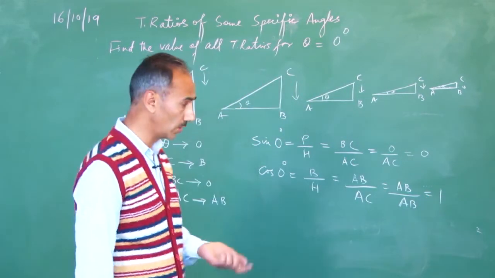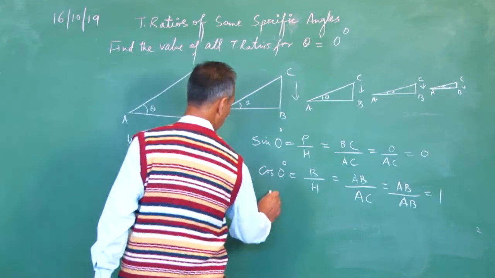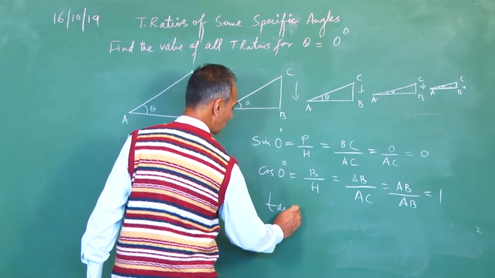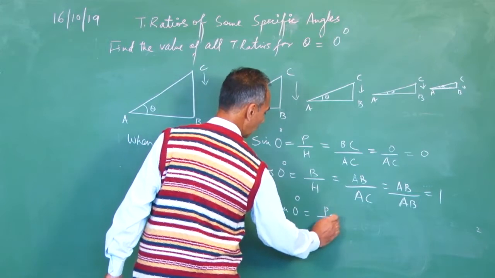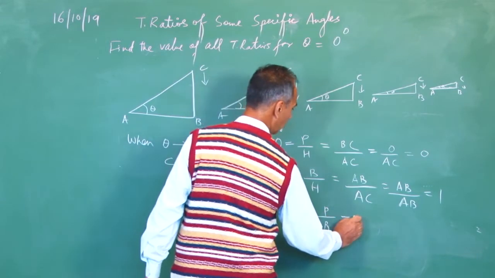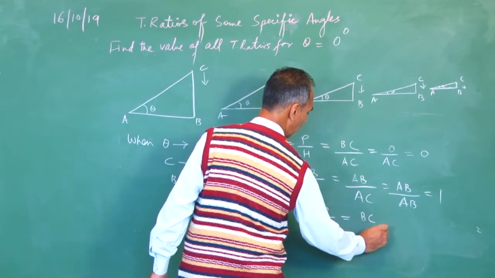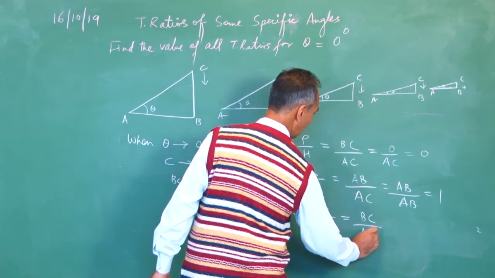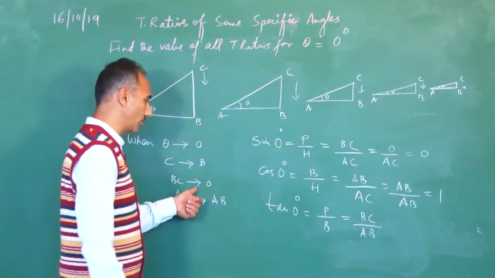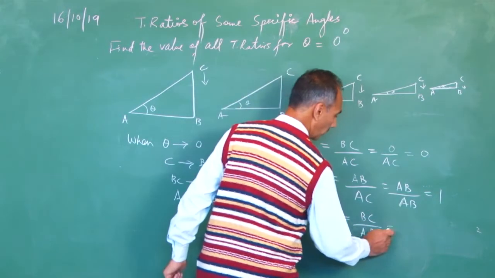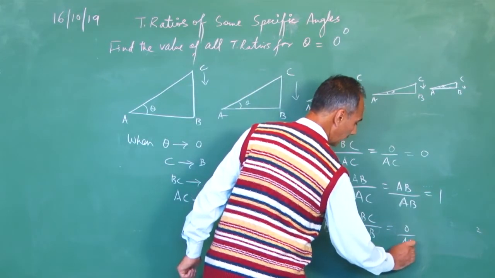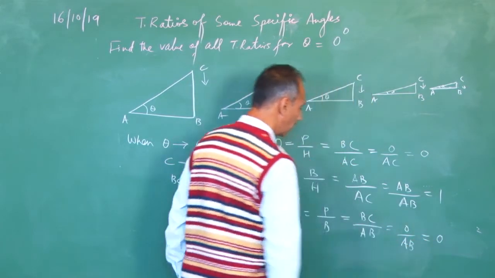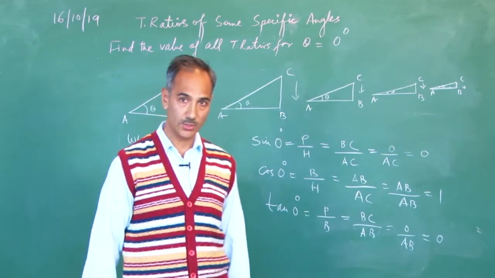Sin 0 is 0, cos 0 is 1. Let's see what happens to tan. Tan of 0. Tan is perpendicular by base. Perpendicular is BC, base is AB. BC approaches 0, so 0 upon AB. 0 by any number is 0. So tan of 0 is also 0.